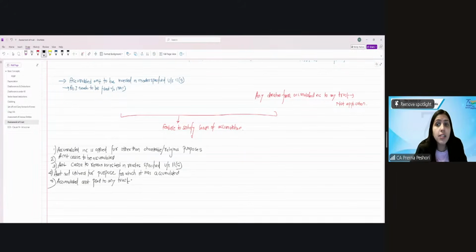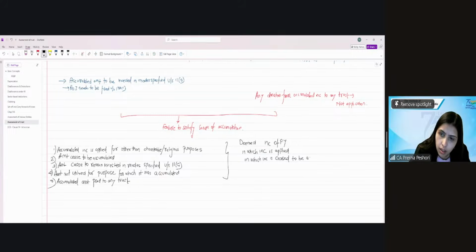So although this will not be considered as application, this will be considered as deemed income of the previous year in which either income is applied for other than charitable or religious purpose, or in which income ceased to remain accumulated, right?